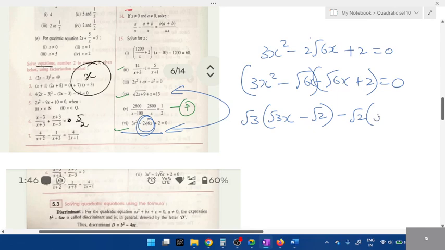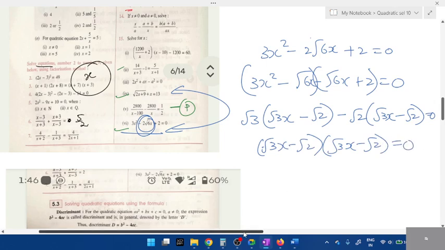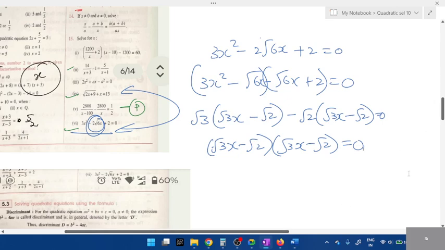Then root 2 into root 3x minus root 2. Okay, then if you take out root 3x minus 2, you get root 3x minus root 2 is equal to like this. Okay, this is lengthy. Fine.